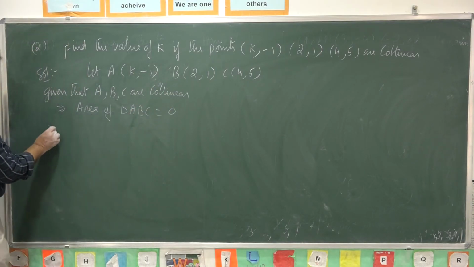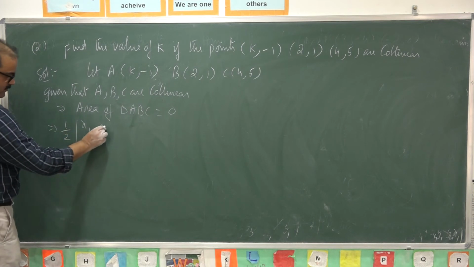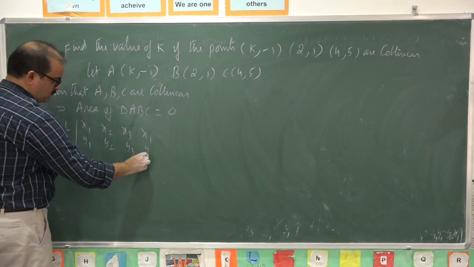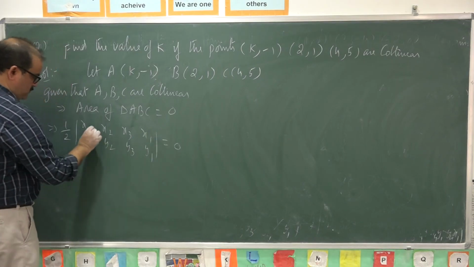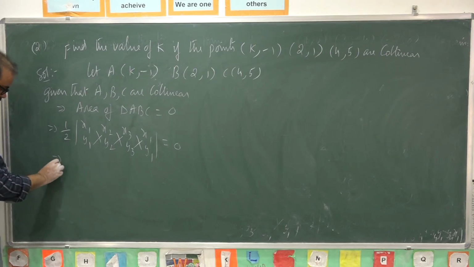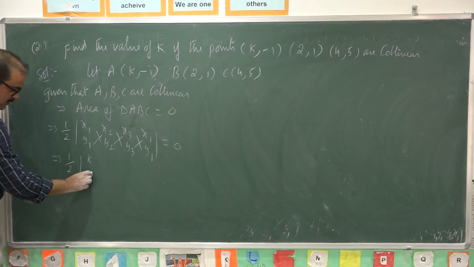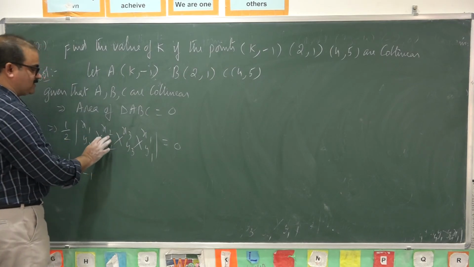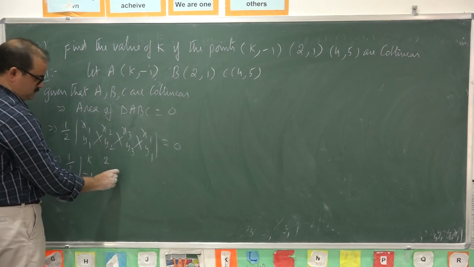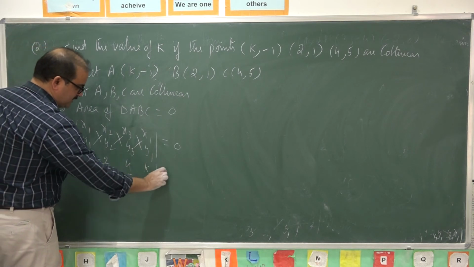We know the formula to find area of the triangle, 1 by 2 into, you apply this formula: x1 y1 is k, minus 1, you take the values directly, x2 y2 is 2, 1, x3 y3 is 4, 5, again x1 y1 k, minus 1, is equal to 0.